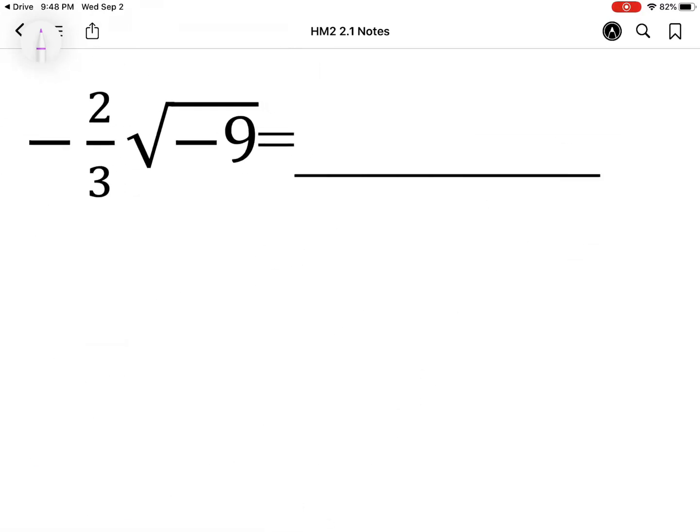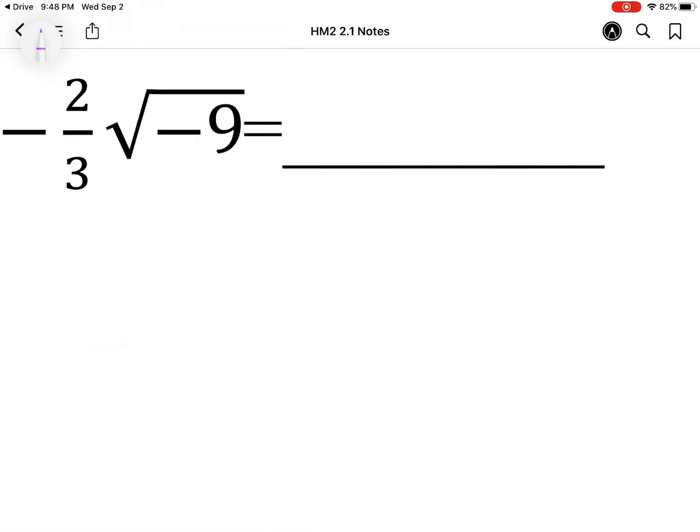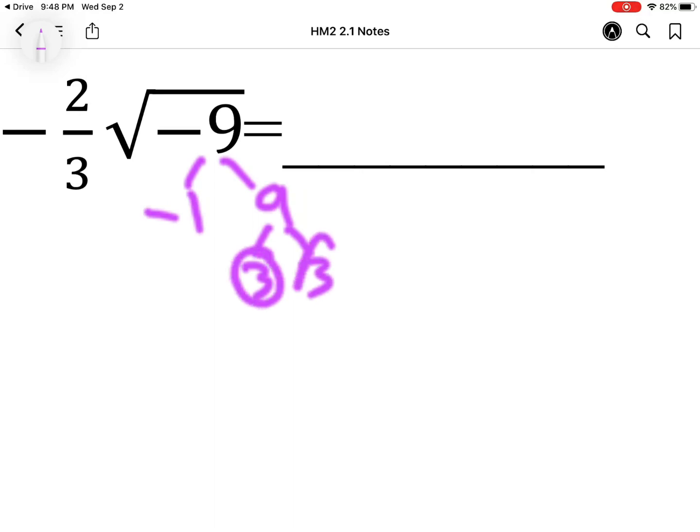Going on. So I'm going to go to the harder one. I want to go to this one. So negative 1 times 9. 3 times 3 gives us 9.